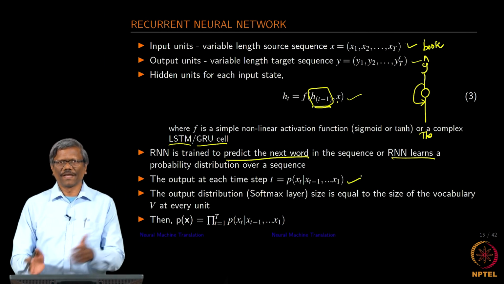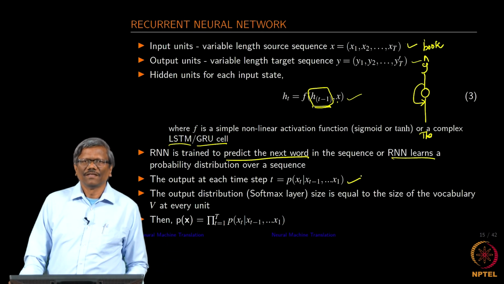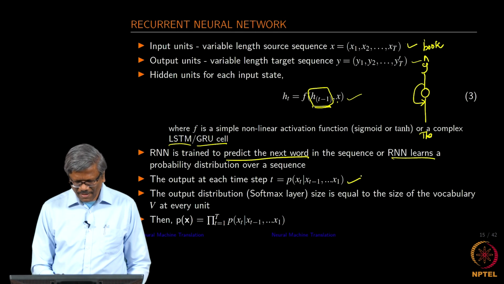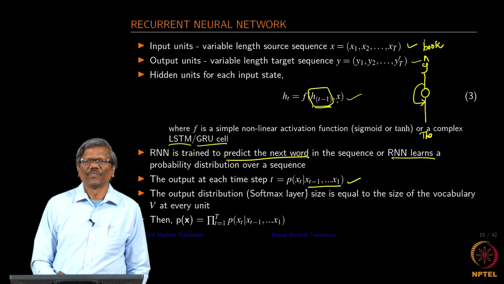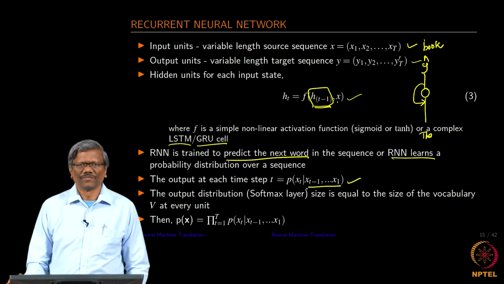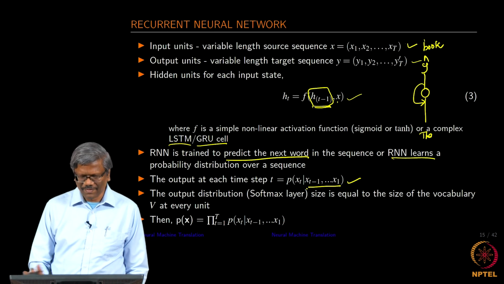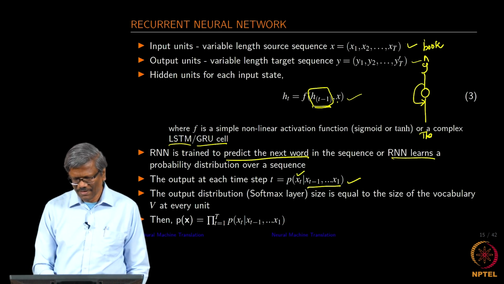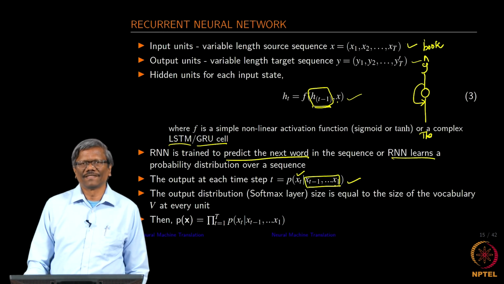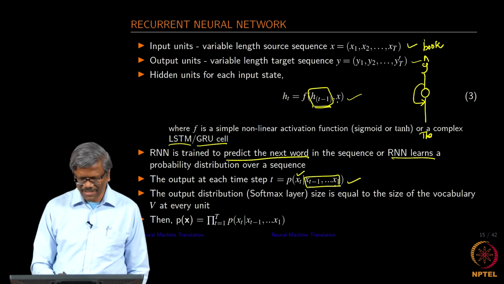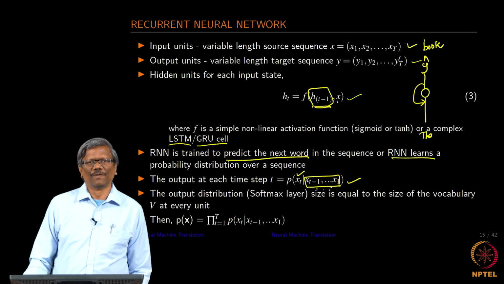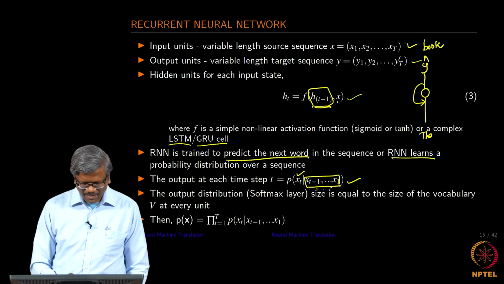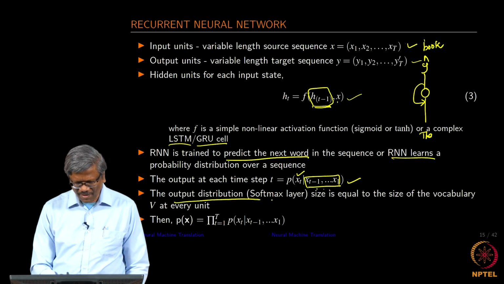I am bringing in what we had done in the language model, the probability based language models. So, it depends on the previous words. The word at time t depends on the words it had seen earlier. It is conditioned on these words that it had seen in the earlier time steps. The output is a softmax layer.